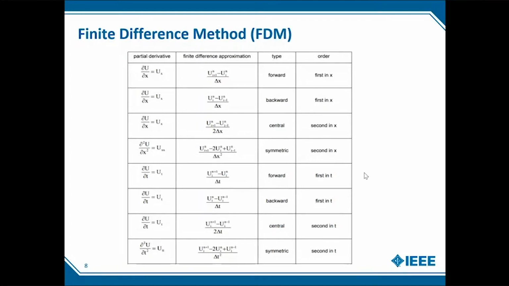Upwind is basically upstream. Suppose you're solving for the node I, your I minus 1 becomes the upstream node and I plus 1 becomes the downstream node. So when you say upwind, it's basically using the I minus 1th node, which is just backward. It's just a fancy name for backward discretization. All right. Okay, got it. Thank you.